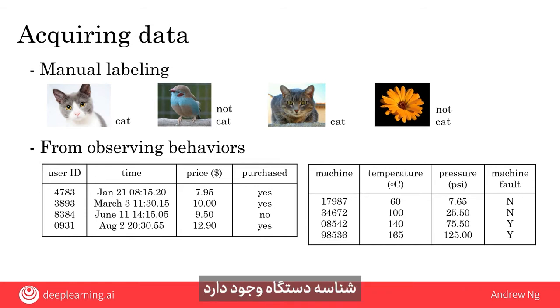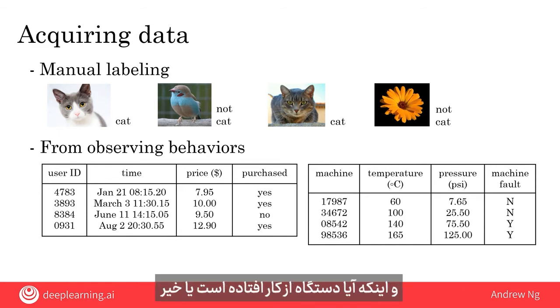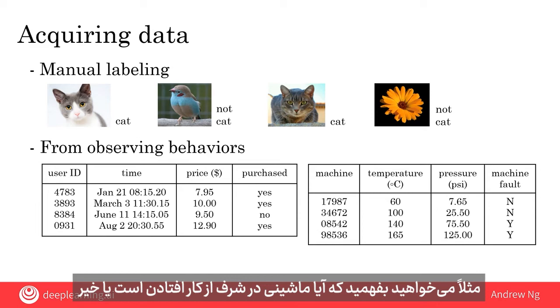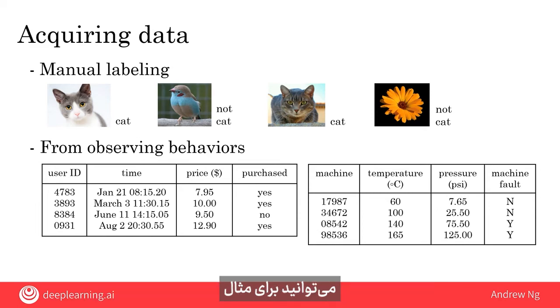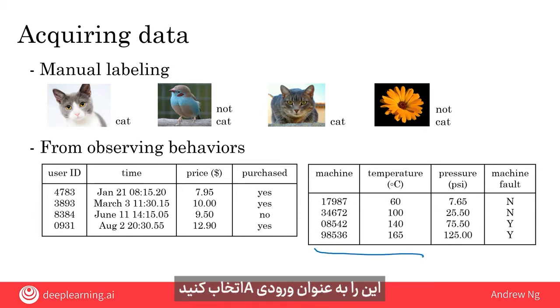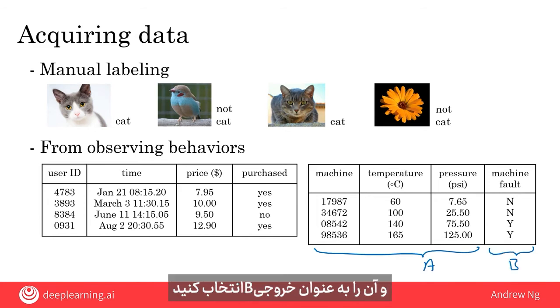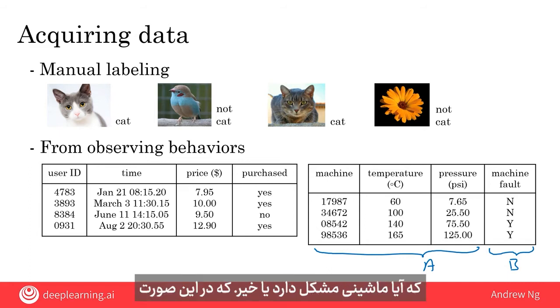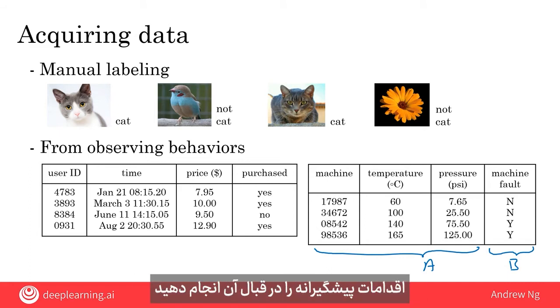There's a machine ID, there's the temperature of the machine, there's a pressure within the machine, and then did the machine fail or not? And if your application is preventative maintenance, say you want to figure out if a machine is about to fail, then you could, for example, choose this as the input A and choose that as the output B to try to figure out if a machine is about to fail, in which case you might do maintenance, preventative maintenance on the machine.